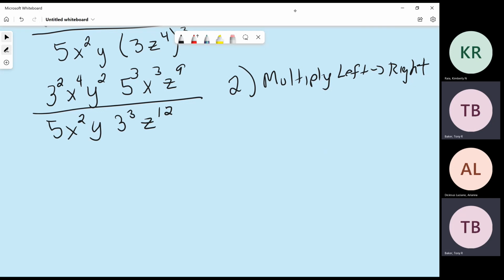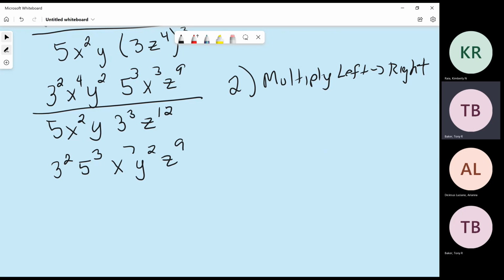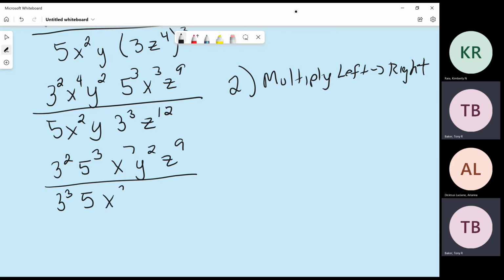So I have 3 squared, 5 to the third, x to the 7th, y squared, z to the 9th. Bottom: 3 to the third, 5, x squared, y, z to the 12th.